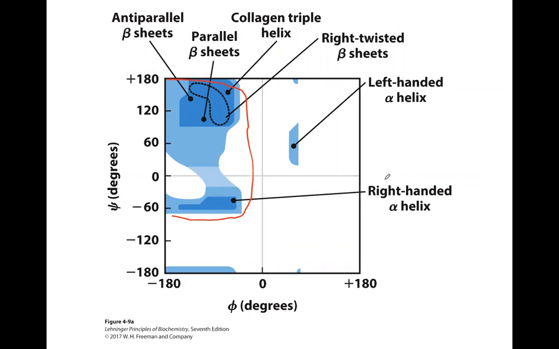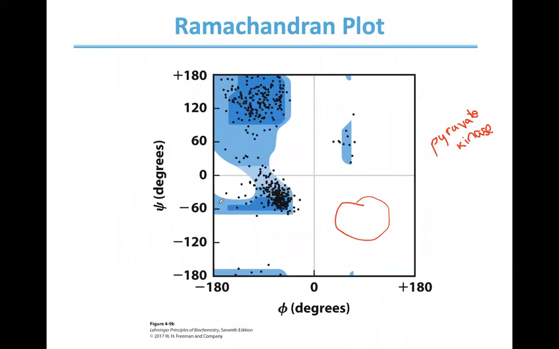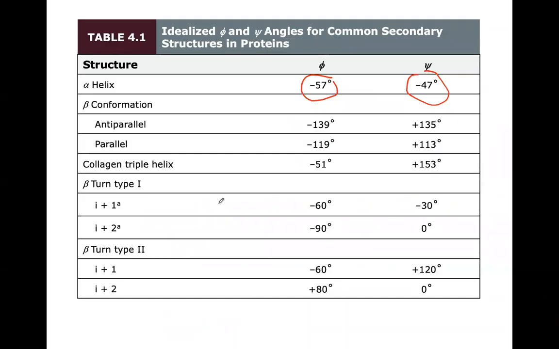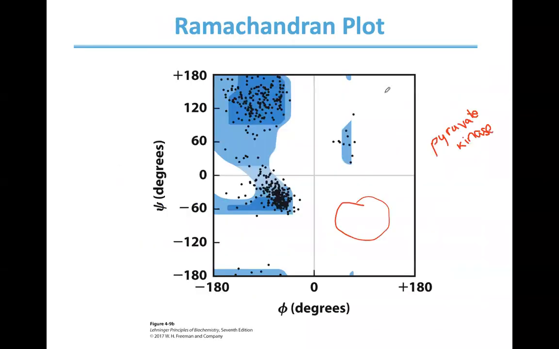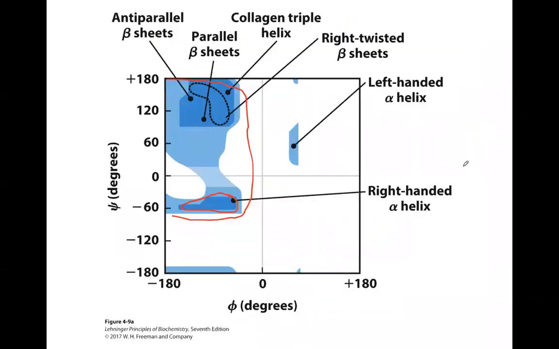Here's the right-handed alpha helix. So you can see this area, right? Minus 57 for phi, and minus 47 for psi.